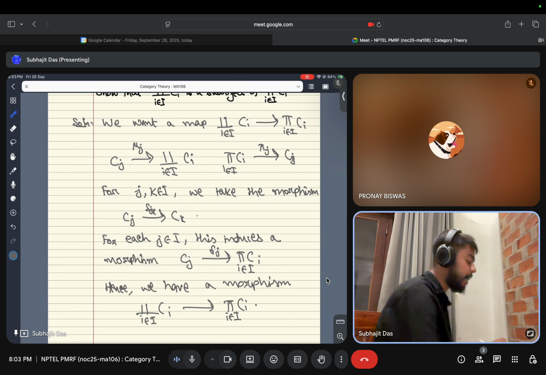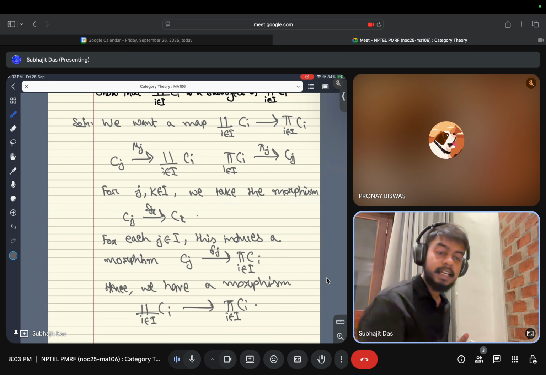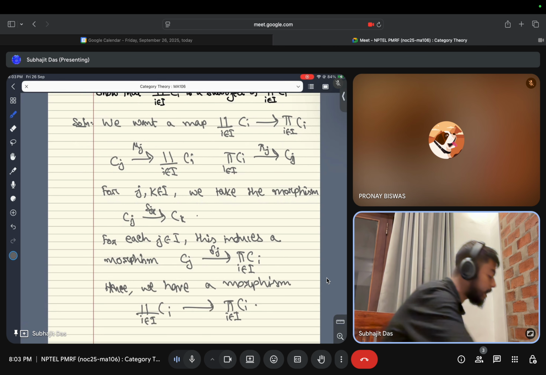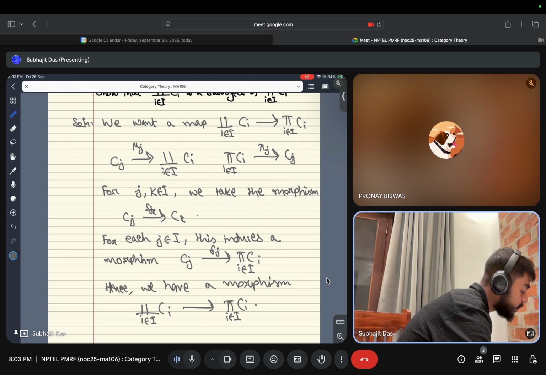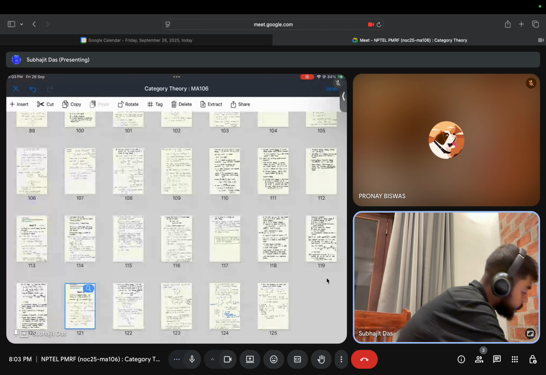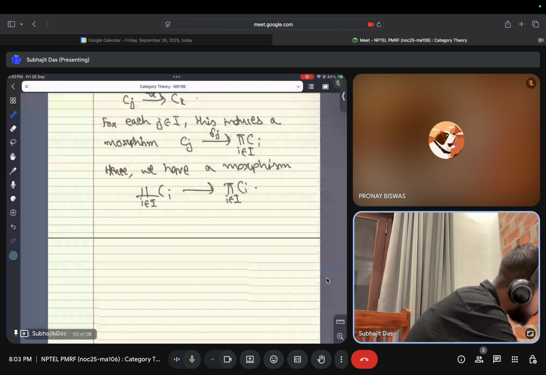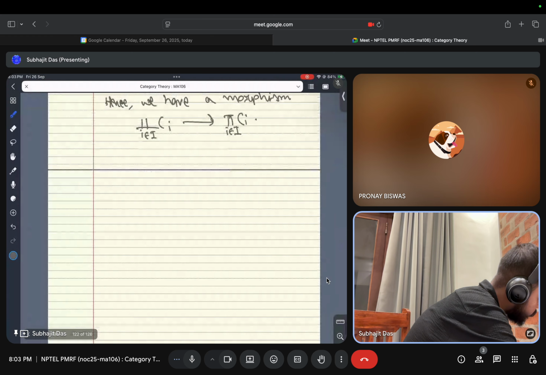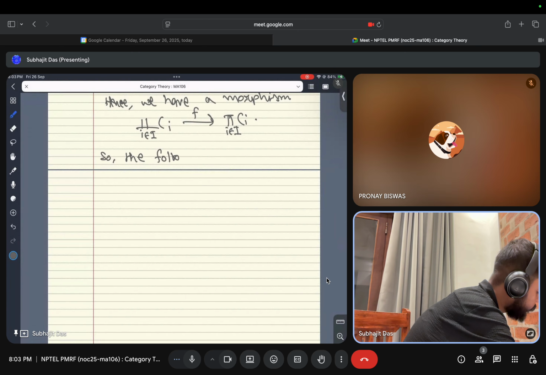What is the interesting thing? What exactly do we need to also write? This map should be the unique map satisfying this commutative square, right? I mean, filling this commutative square. We have a morphism, let's say F. So the following diagram commutes, for j in I, k in I. What is our diagram?